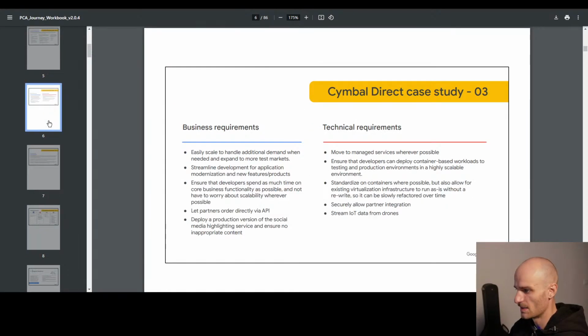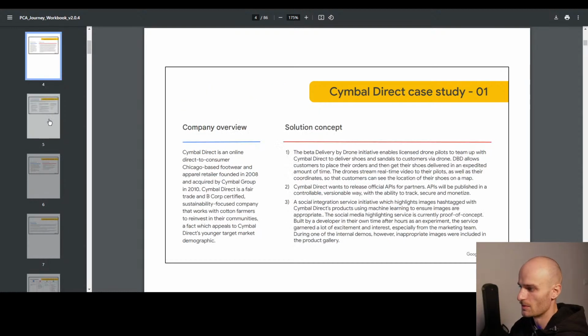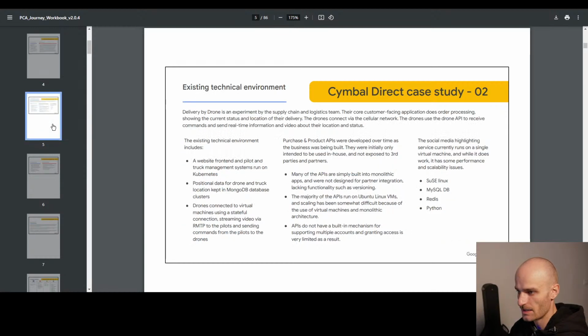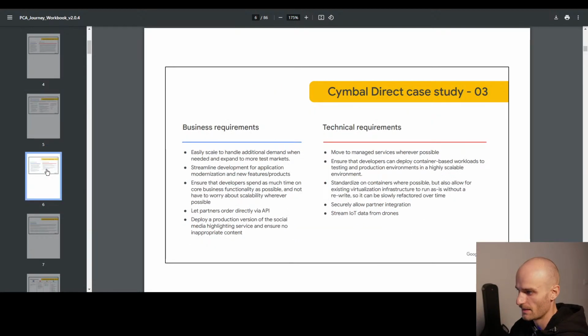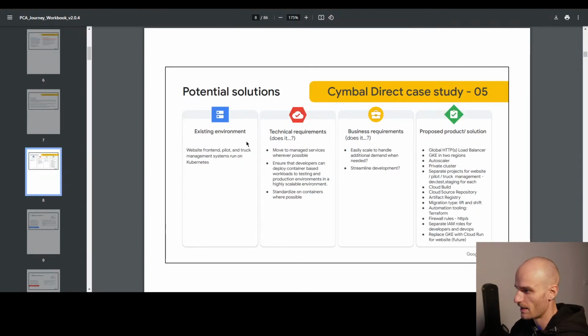This first section is about how to analyze the case study, how to extract the business requirements and technical requirements, then how to arrive at formulating solutions, all the possible solutions actually.